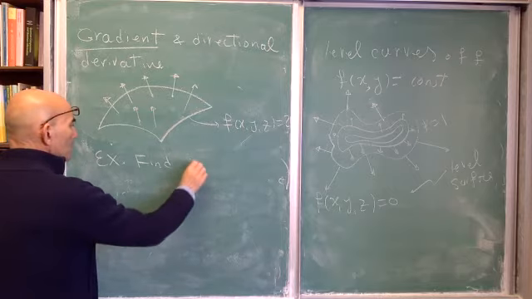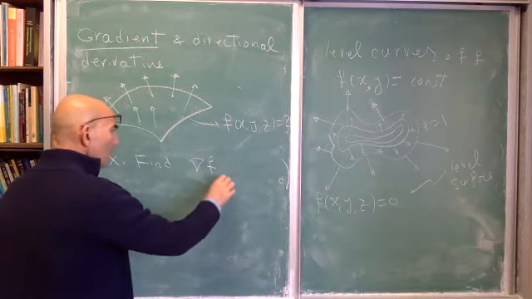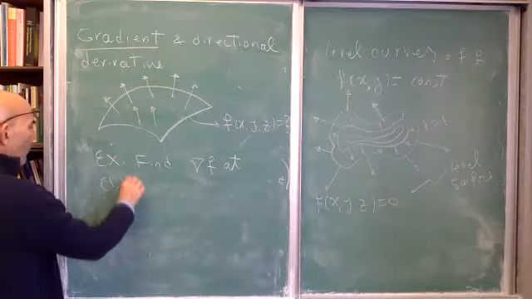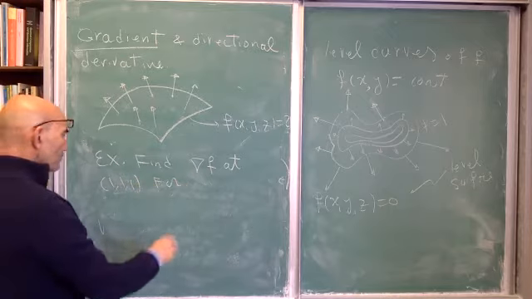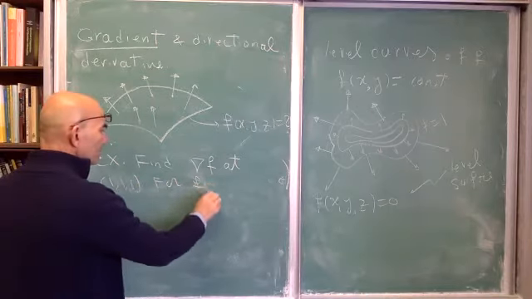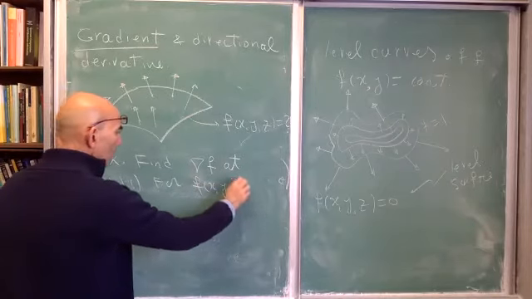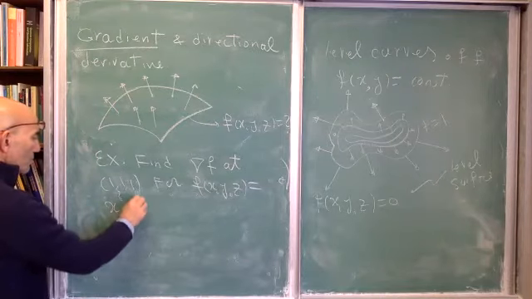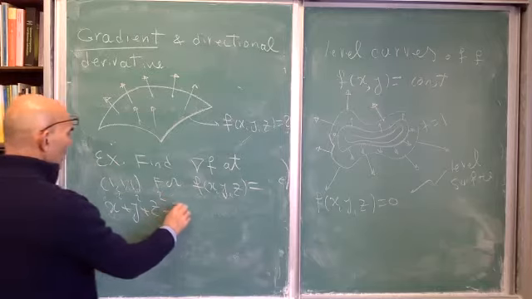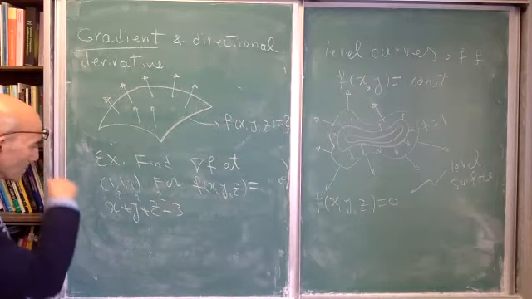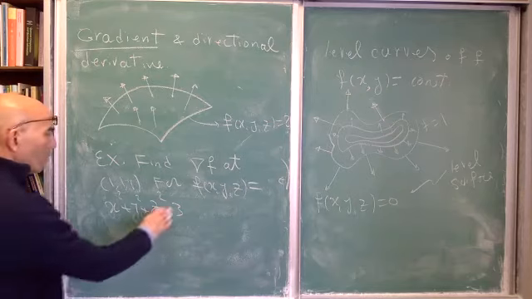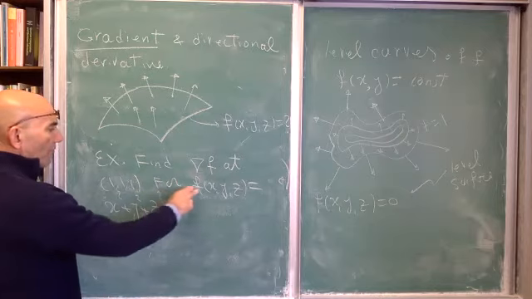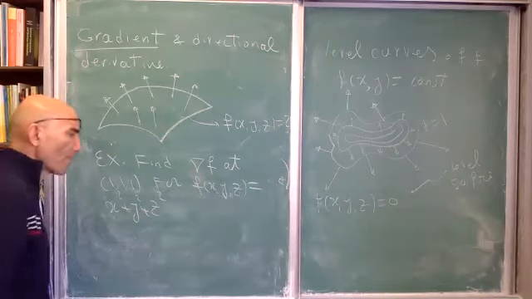Let me put it like this: find the gradient of f at 1, 1, 1 for f of x, y, z equal to x2 plus y2 plus z2.